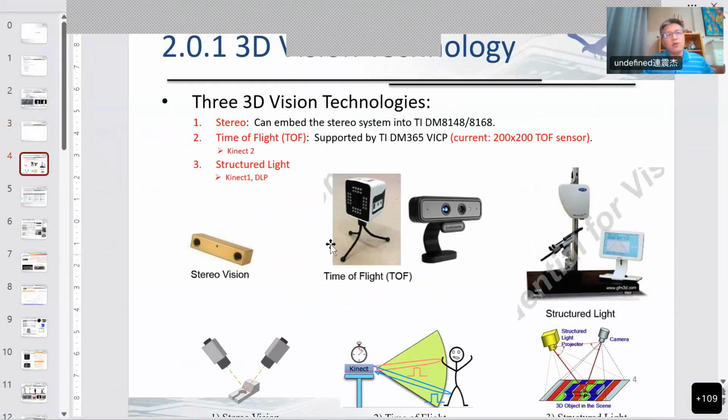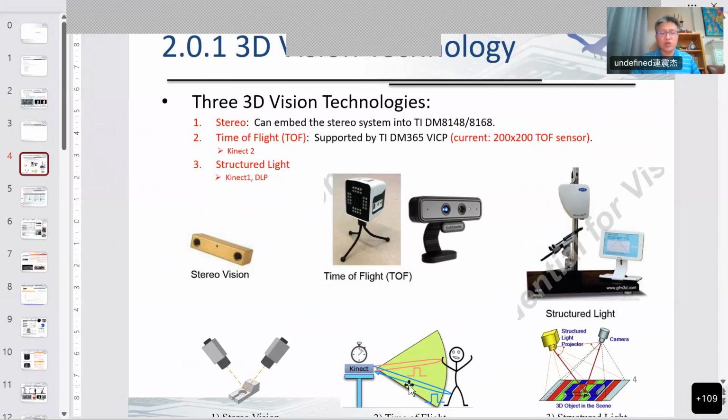So what I am trying to let you know is that 3D sensors usually have, sorry, three kinds. One is stereo. There are two cameras or more than two cameras. They call it stereo. So I teach you stereo. The second we call time of flight.